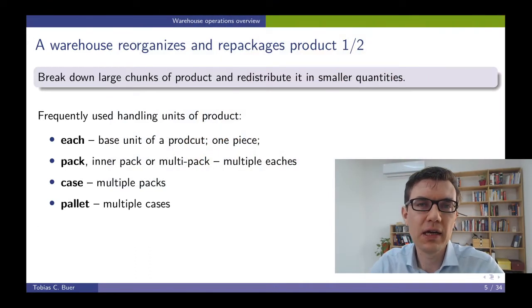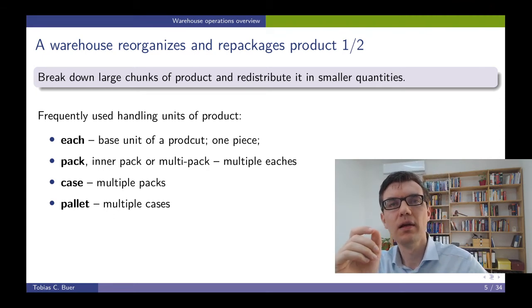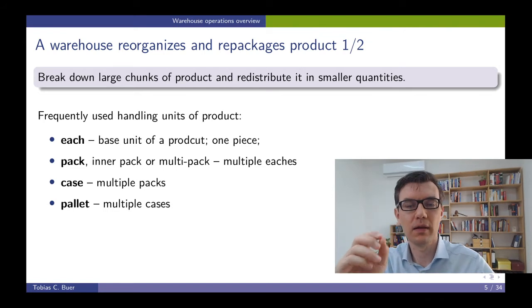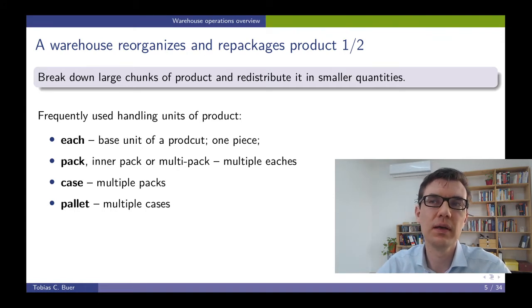In many warehouses, an elementary task is happening, and that is breaking down large chunks of products and redistributing them into smaller quantities.